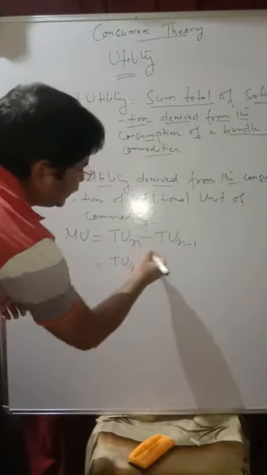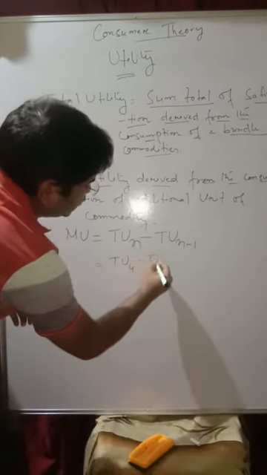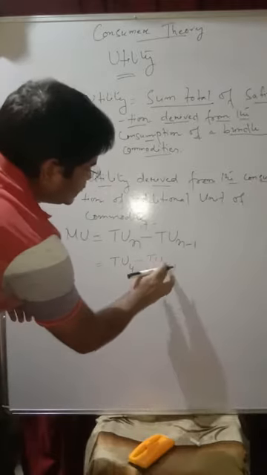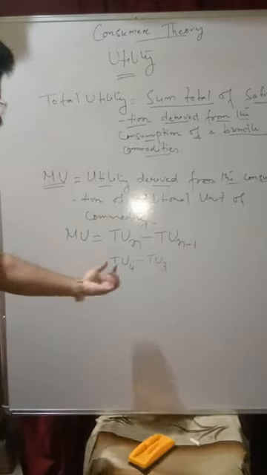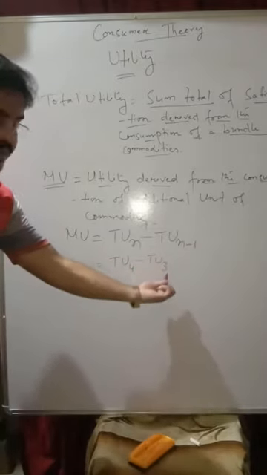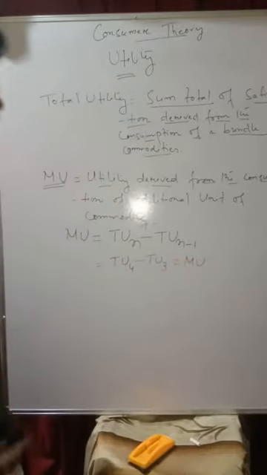So here n minus 1 is 4 minus 1, which is nothing but 3. So the total utility from the fourth unit minus the total utility from the third unit is your marginal utility.